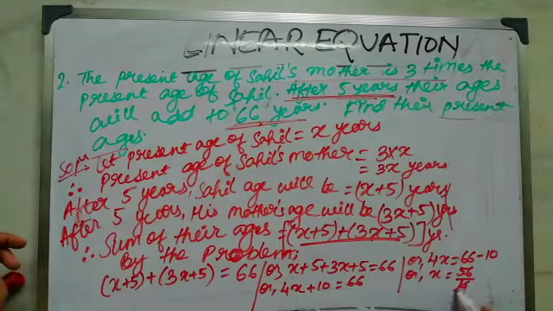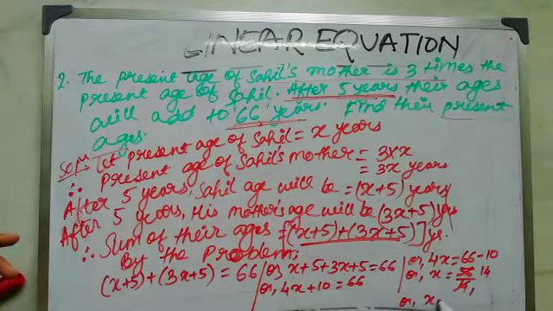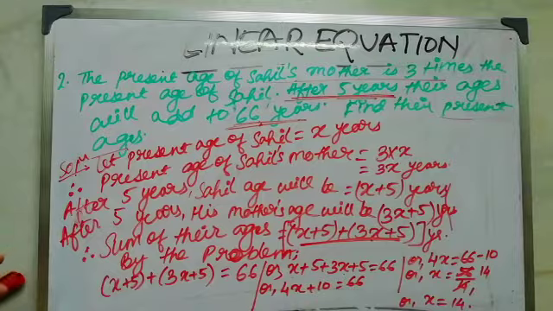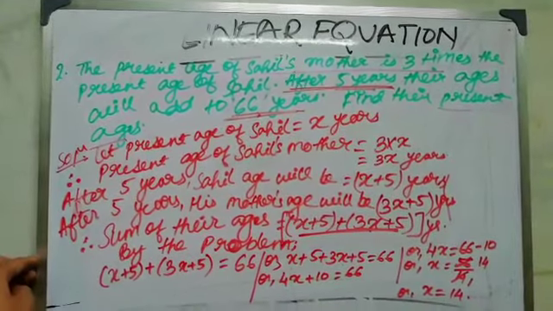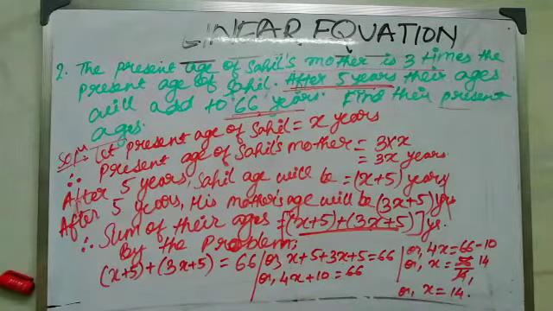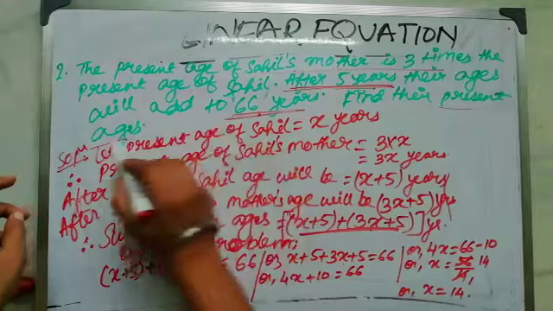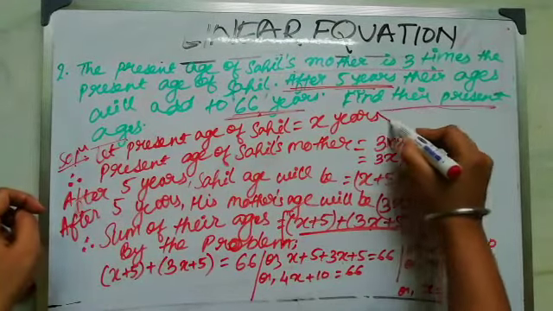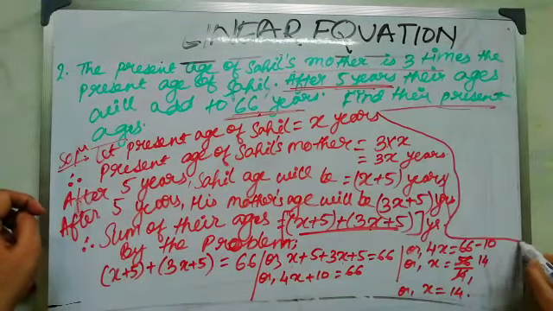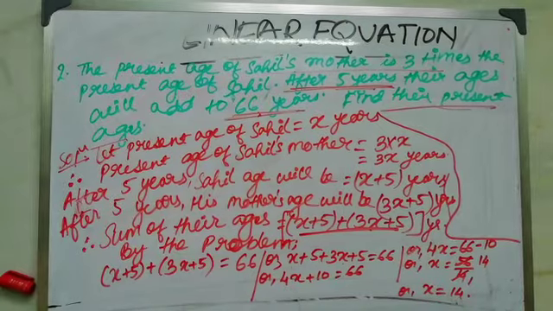Now 4 1 4, 4 1 4, so x is equal to 14, clear? Hope there is no problem in understanding this till now. Now see, they are asking me to find their present ages. The present age of Sahil is x, which is 14 years.